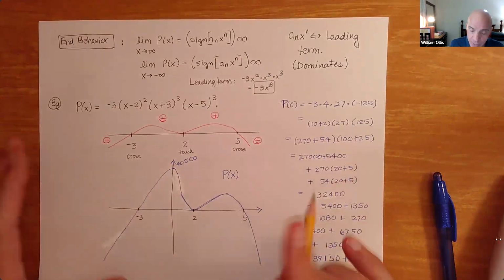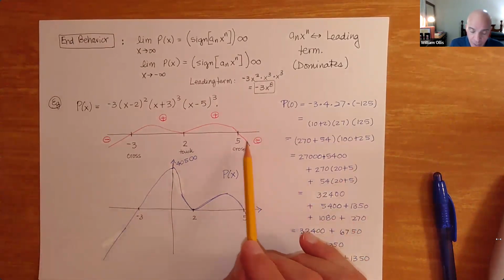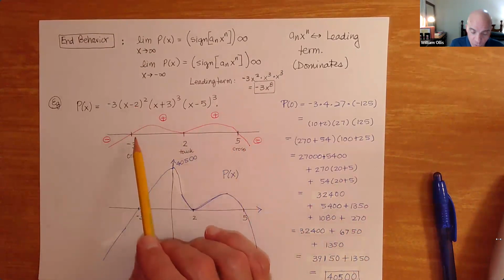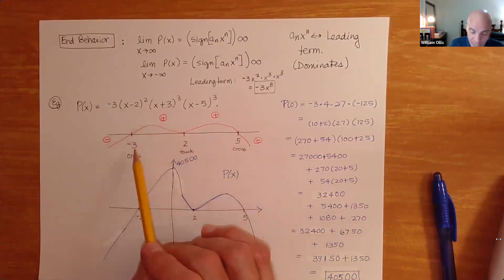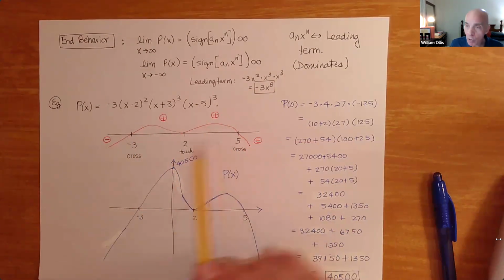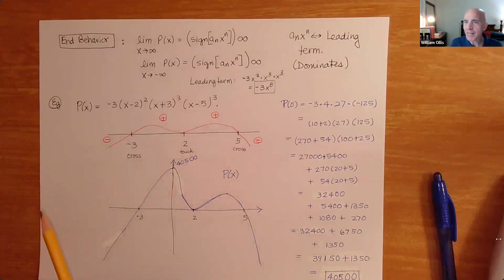Now, notice if we check out the zeros, we have a 0 at 2, we have a 0 at -3, and we have a 0 at 5. So if you were thinking of letting x pass to infinity, positive values get more and more positive.